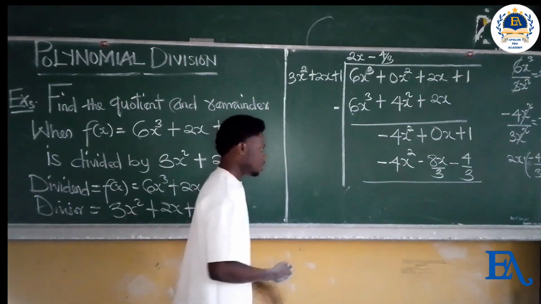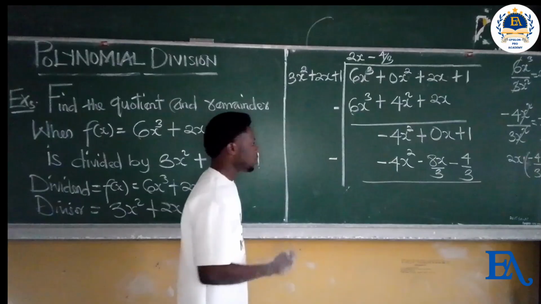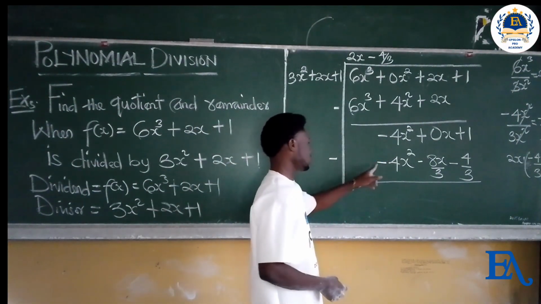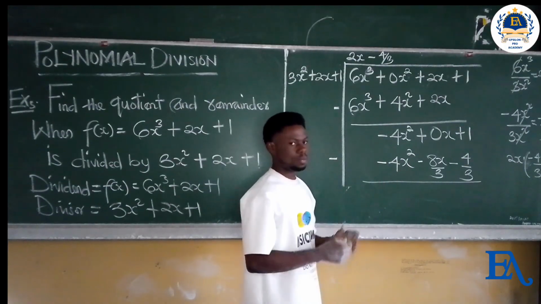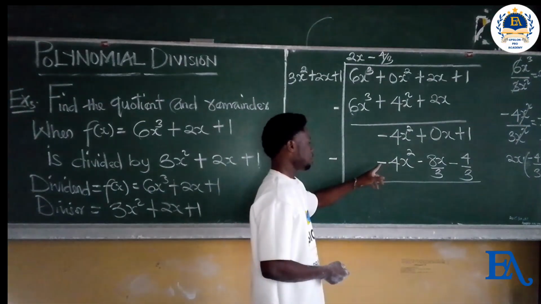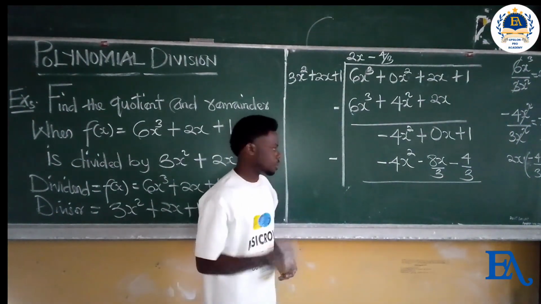Step number 3, subtract this from this. You are going to obtain minus 4x squared minus minus 4x squared. So minus times minus gives plus. That is to say, minus 4x squared plus 4x squared is 0, and we are going to omit the 0.